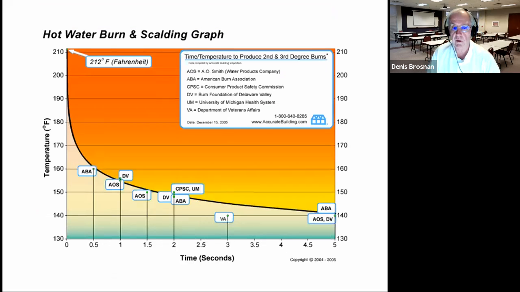Now, remember, I said that we had to protect personnel from being burned on the outside of a furnace. And so you can look up various resources like this and consult with your safety people, but these are scalding temperatures at which scalding of human flesh will take place, temperatures versus time of contact. And of course, the shorter the time of contact, the higher the temperature a human being can take without getting burned.